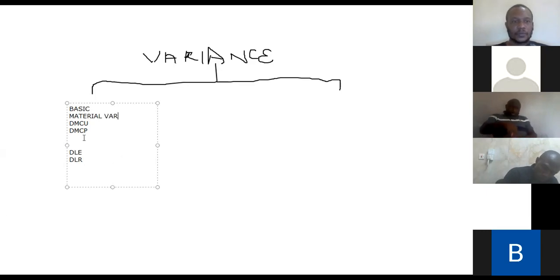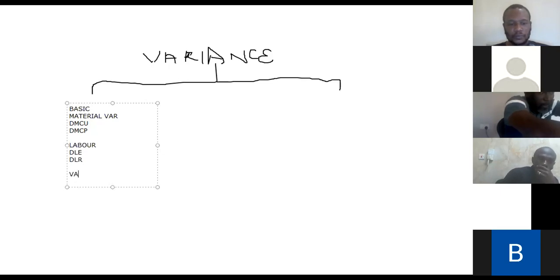Total variance? The total variance is the combination of two of them. So as we go forward, you will see that. So labor, then variable overheads.